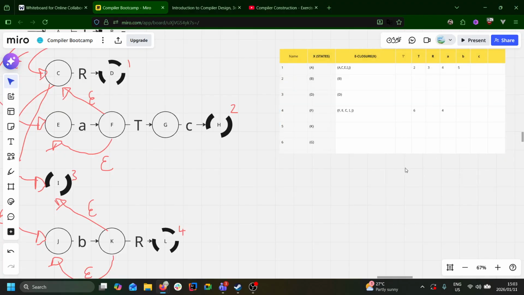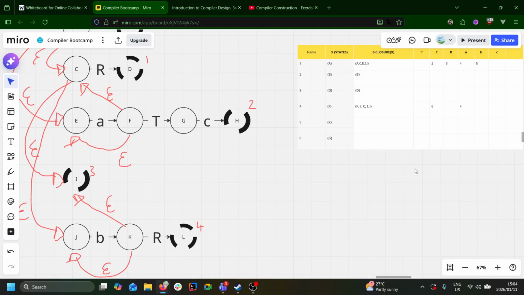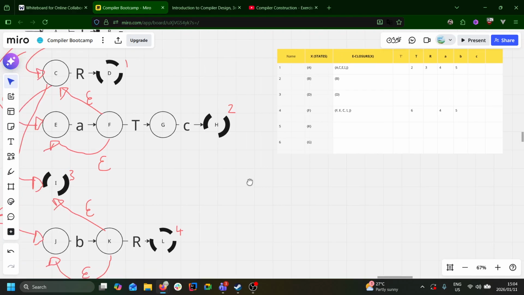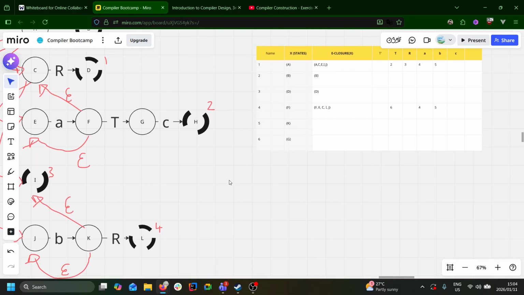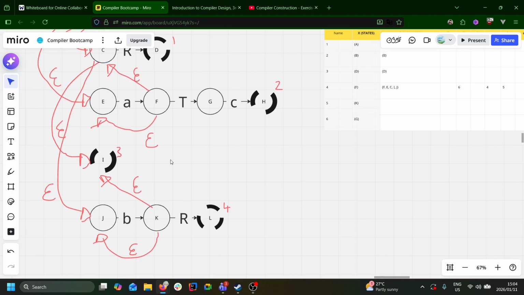So with a transition for B, we can go from J to K. And is there another transition for B? There isn't. So it takes us to K. We don't have to add another row for K because we already did over here. So we're just going to write 5 like that. Is there a transition for C? No, there is not. And the rest is empty. Now we keep the flow going.